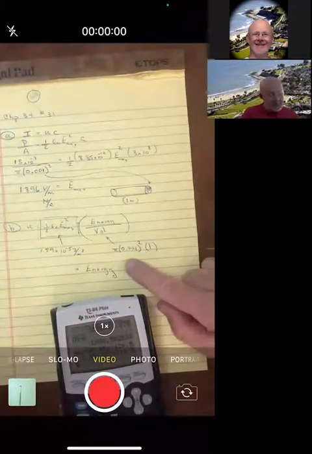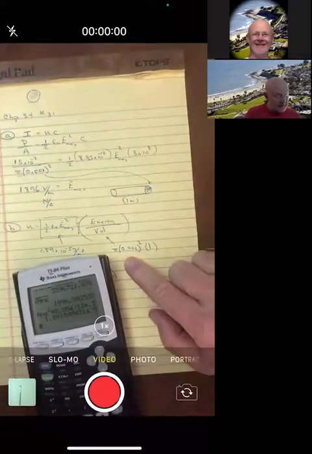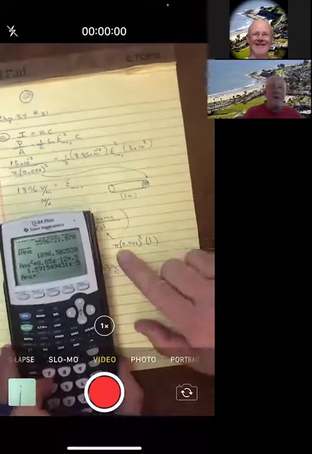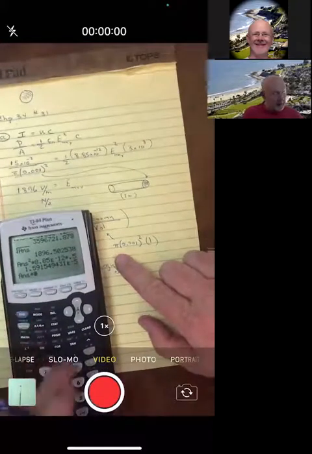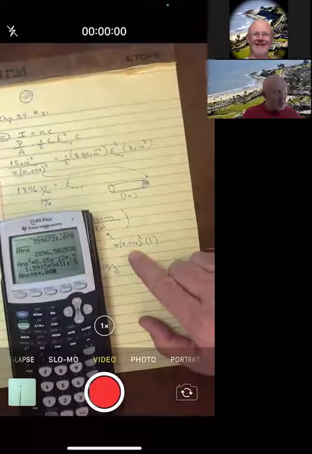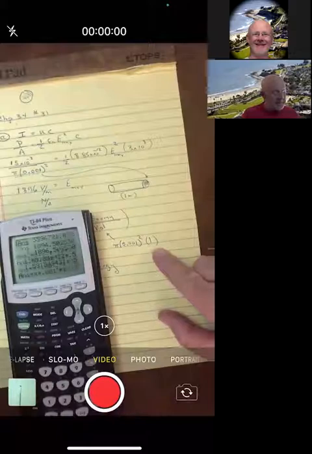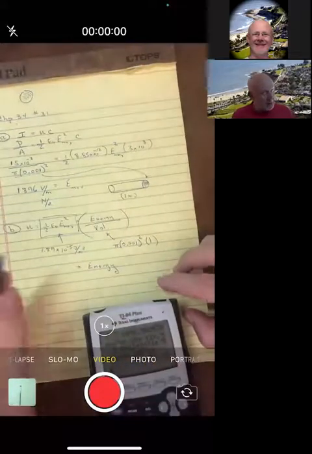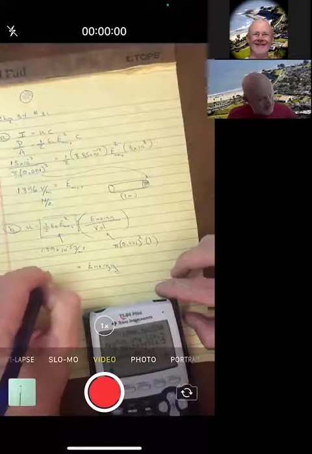So let me multiply by how many cubic meters I have. That would be that volume, pi times 0.001 squared times 1. And so we are looking at about 5 times 10 to the negative 11 joules.